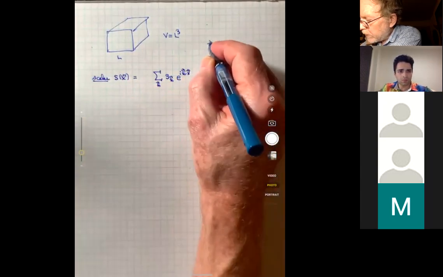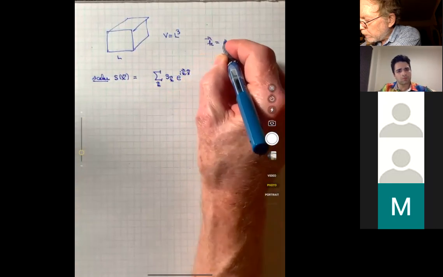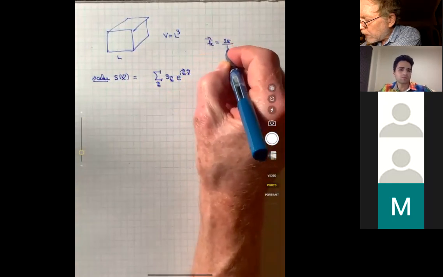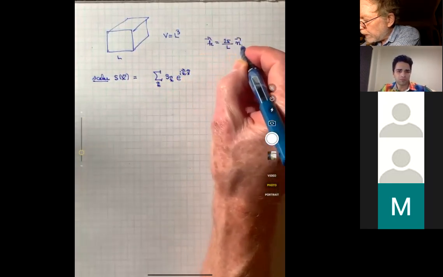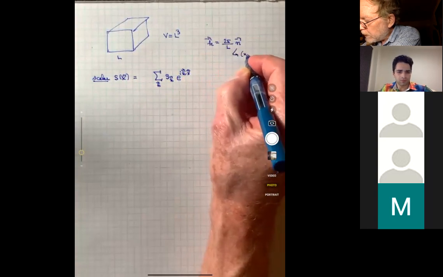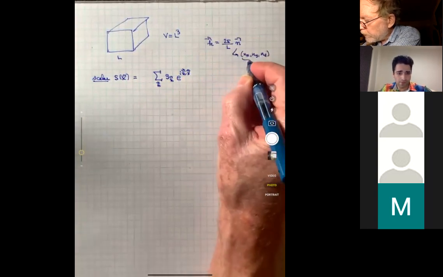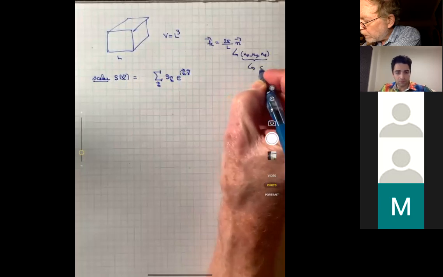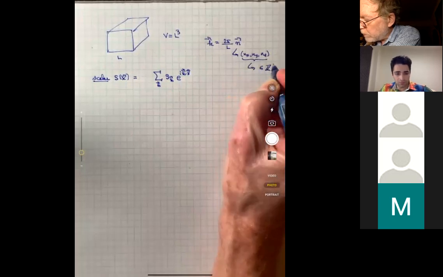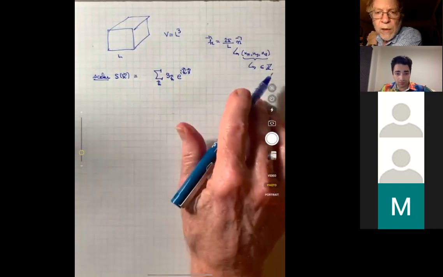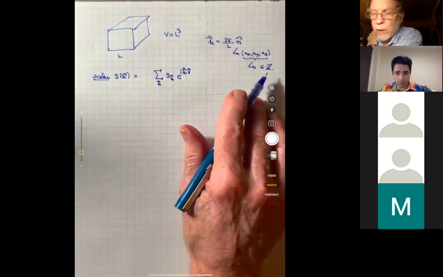And the k values are the same ones we saw before: k is equal to 2π divided by the length of the side of the box times an integer vector n, which is (n_x, n_y, n_z). These components are integers, belonging to the set the mathematicians write as blackboard Z, which means all the integers: positive, negative, and 0.